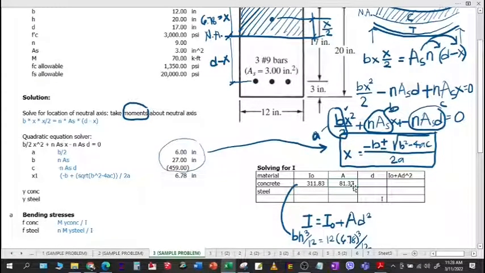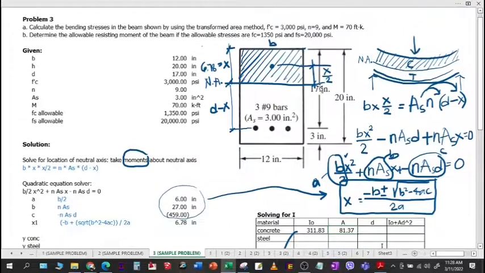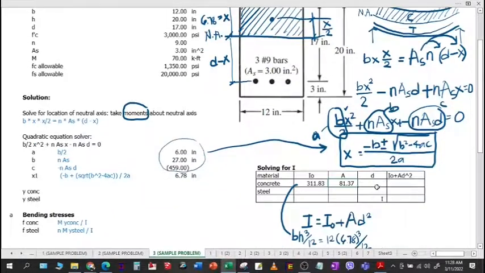So we have that answer. And our d is simply x over 2, the distance from the centroid of this area to the neutral axis. So that will be 3.39. And I_0 plus A d squared, you add this one, and then A here, and then d squared, you will generate this answer.